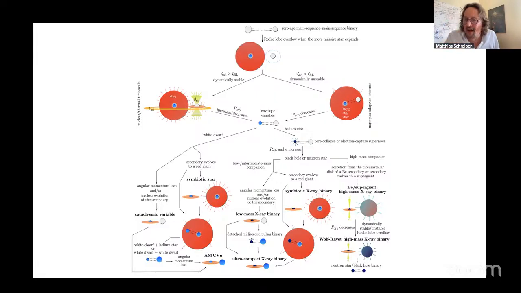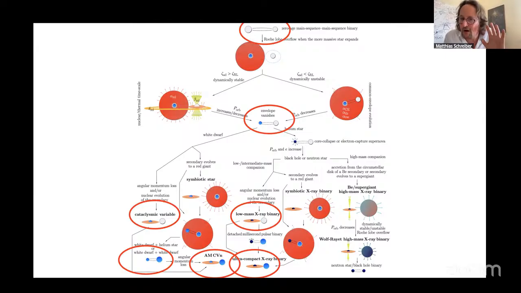And this contains high mass X-ray binaries, low mass X-ray binaries, double white dwarfs, cataclysmic variables, all these type of stars, and the evolutionary pathways are illustrated on this slide. It's not important to understand the details. Just want to highlight at which stages magnetic braking is important, and it's basically always as long as there is a low mass star.